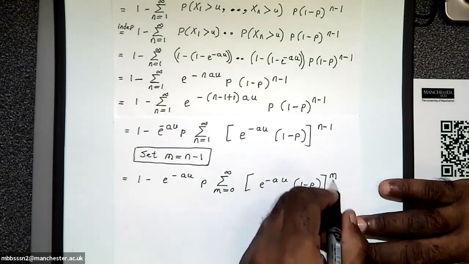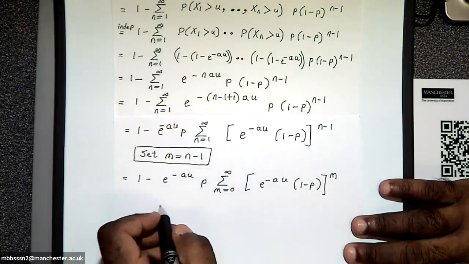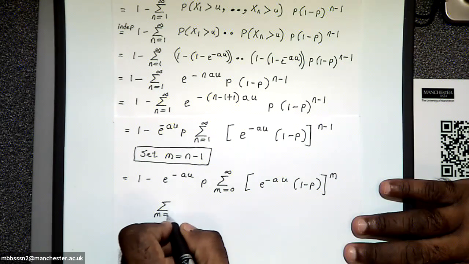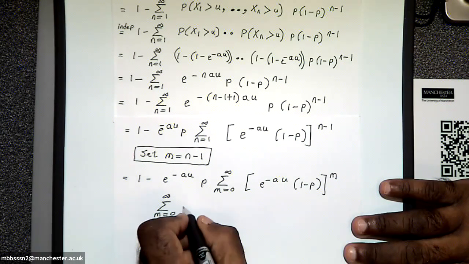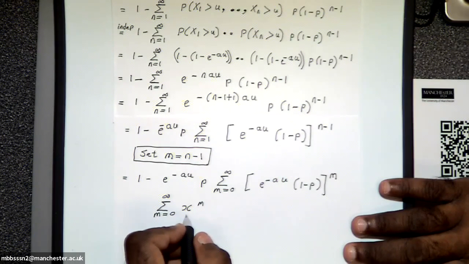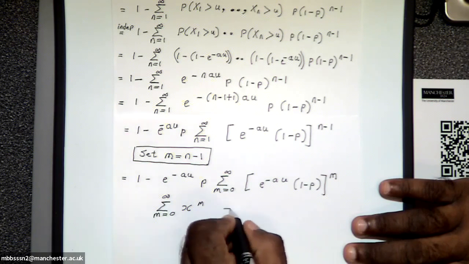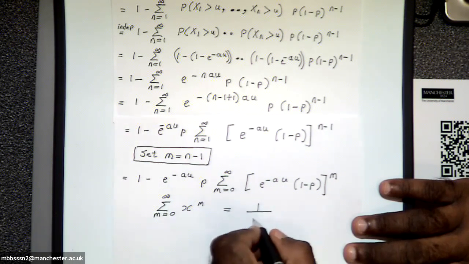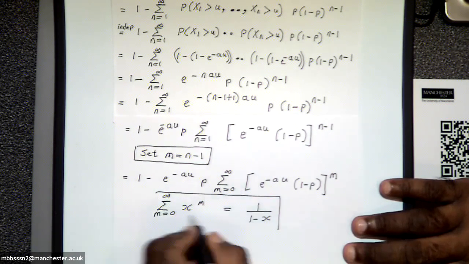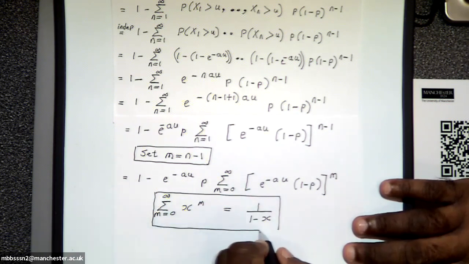Now, do you know about this summation? There's a formula which says, you might have seen this before, I don't know, that if x is a number that is less than 1, then this is equal to 1 divided by 1 minus x. Do you remember this or not?